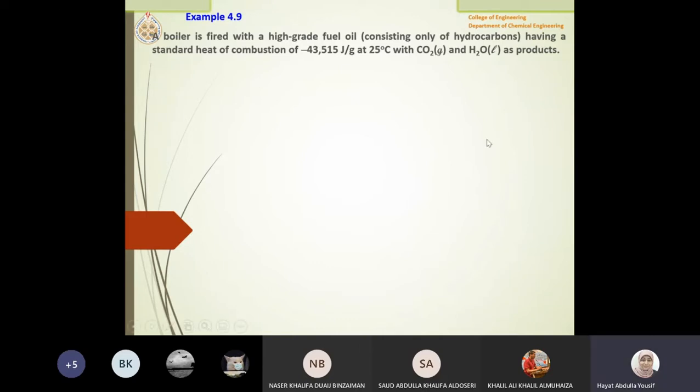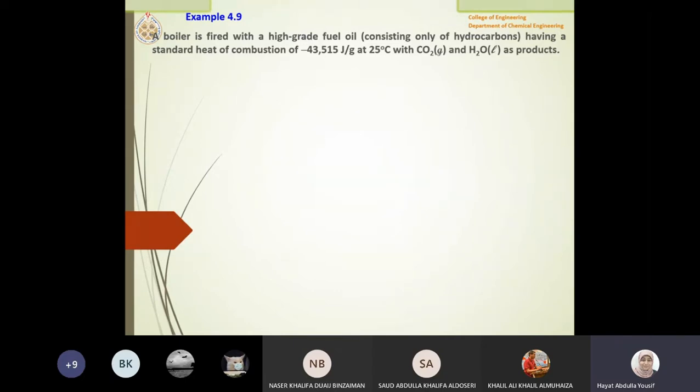So what do we have in this example? I will not only explain what we have, but also how it's different from previous examples, and this is very, very important. Here we have a boiler that is fired with a high-grade fuel oil.